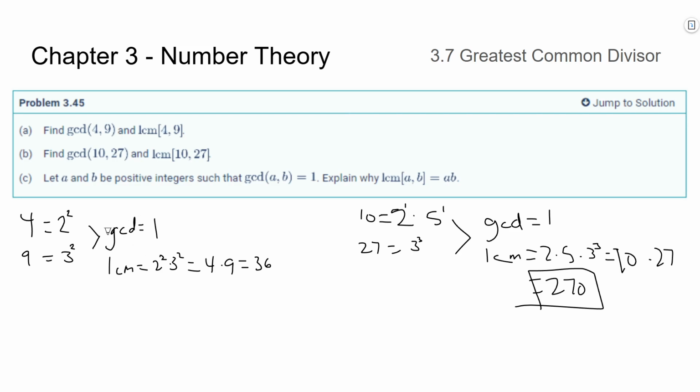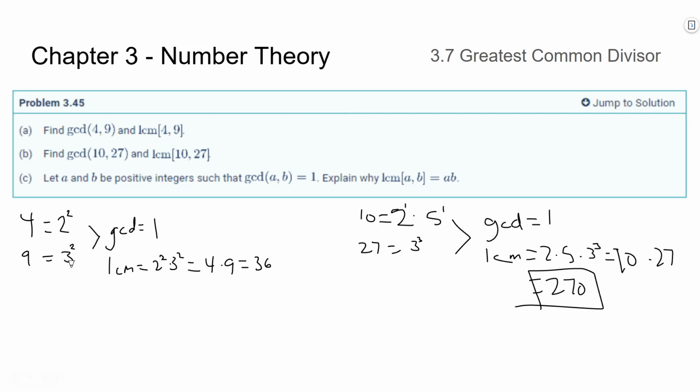Well, the reason why the GCD was 1 is because they didn't have any common bases. 4 only had a base of 2, 9 only had a base of 3. There were no common bases. So the GCD had to be 1 because they had nothing in common. For the LCM, there was nothing higher that we could have taken.